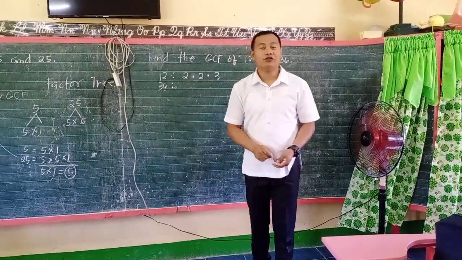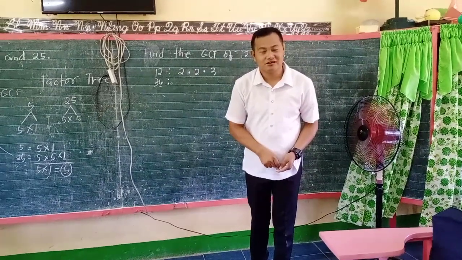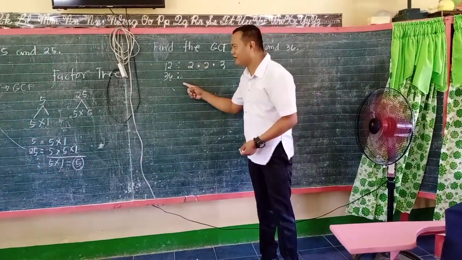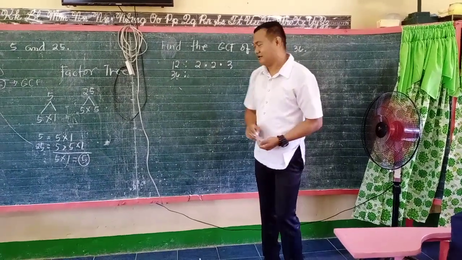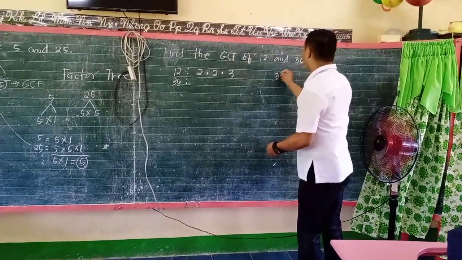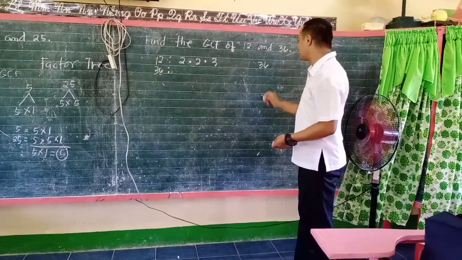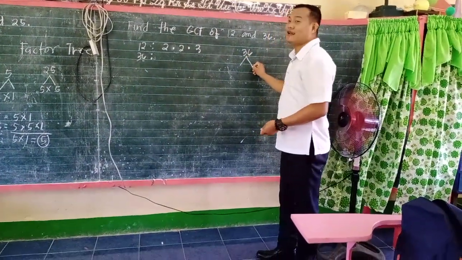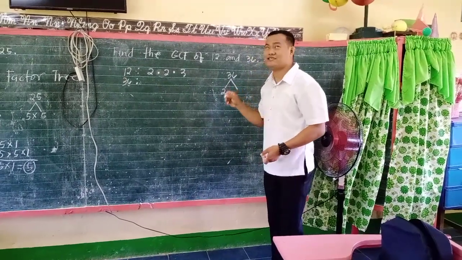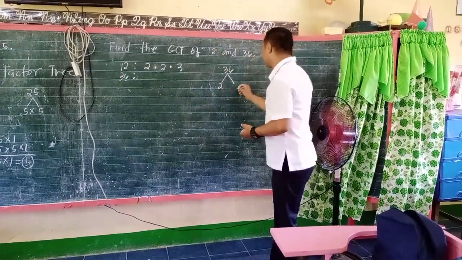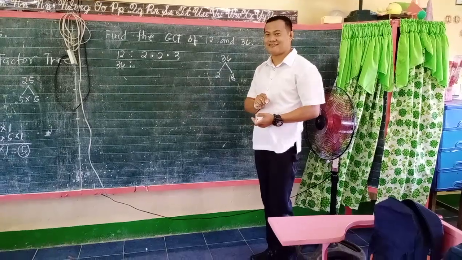Now, how about 36? It's a higher number. Let's try to use the factor 3. For the factors of 36, let's divide 36 by 2. 36 divided by 2 is, very good, 18.